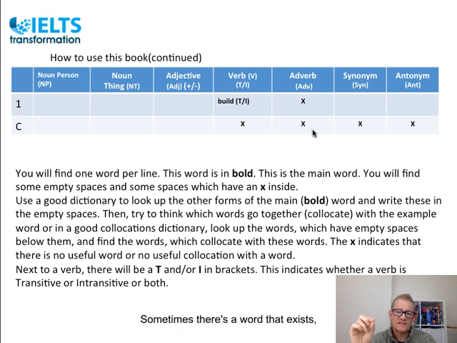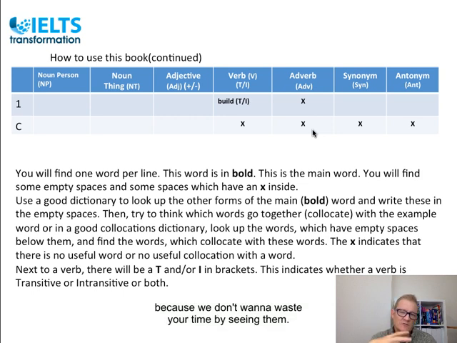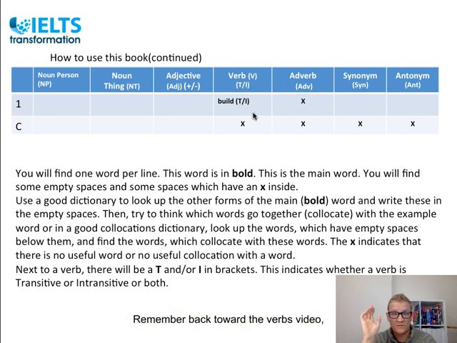So don't worry about the X's. Sometimes there's a word that exists, but it's not useful. If we don't use it, we haven't included it here because we don't want to waste your time, basically. Notice here T or I, transitive or intransitive. Remember back to the verbs video.